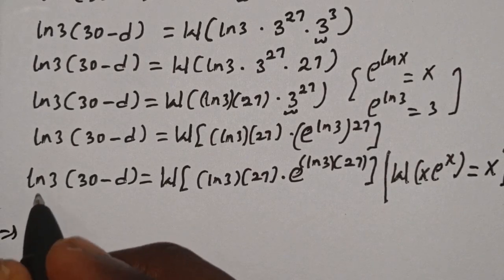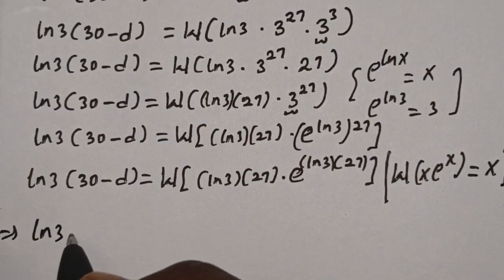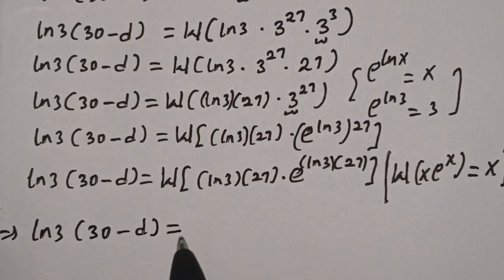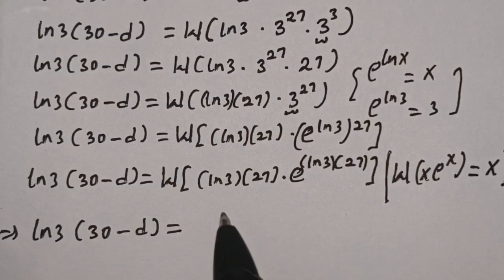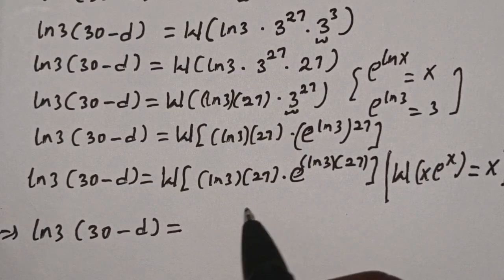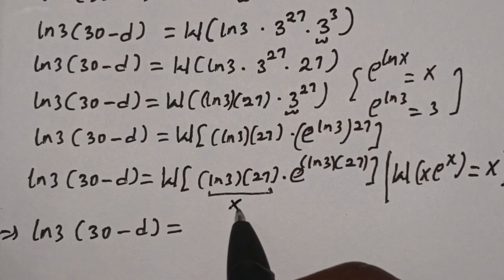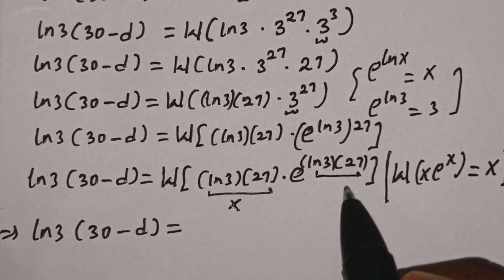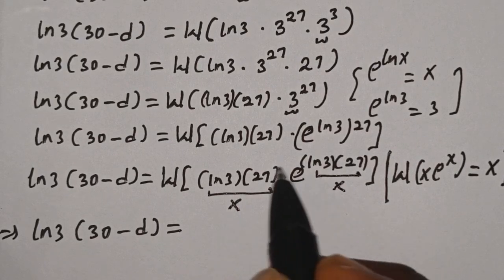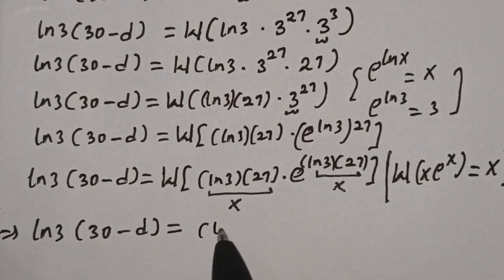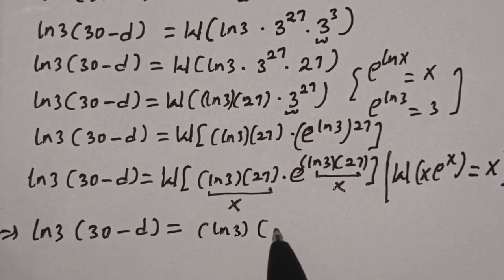This implies that ln 3 of 30 minus d is equal to, applying this identity to this guy, you will notice that ln 3 times 27 is x. So all of this becomes ln 3 times 27.